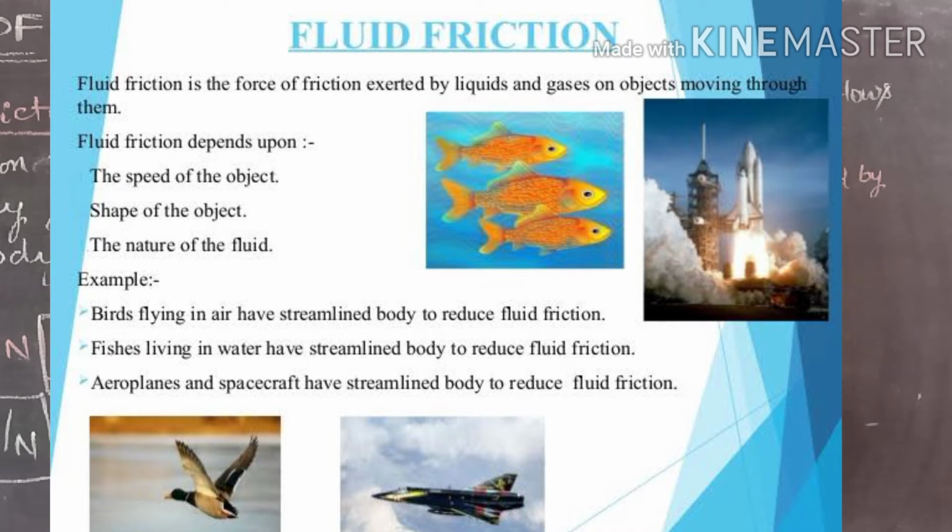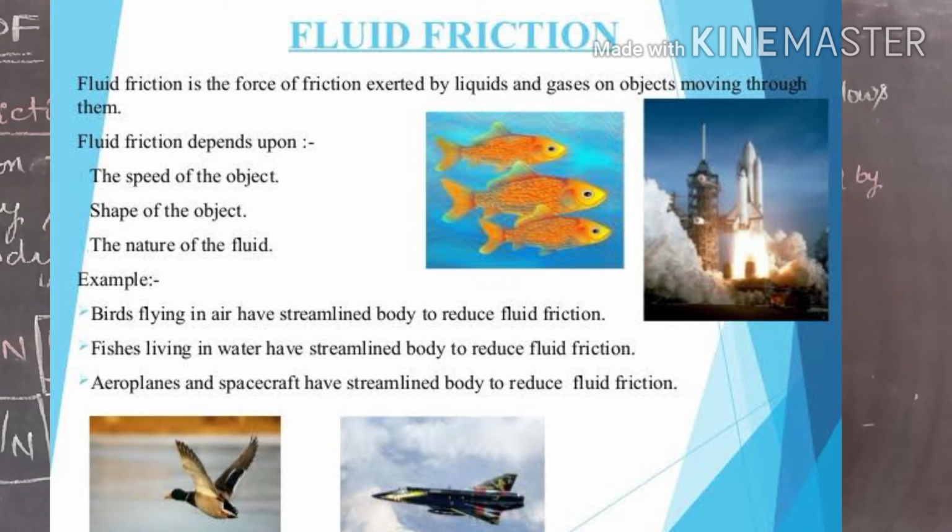Now come to the shape of the object. See the shape of the beak of an aeroplane, the front portion of an aeroplane, and the front portion of a bird. They are similar. Why is it arranged like that? Because the bird has a special arrangement to reduce fluid friction by itself. Like that, we arranged the nose of an aeroplane in the shape of a bird's beak.